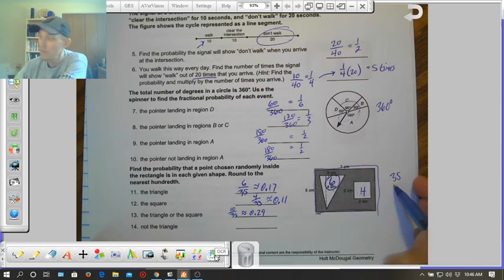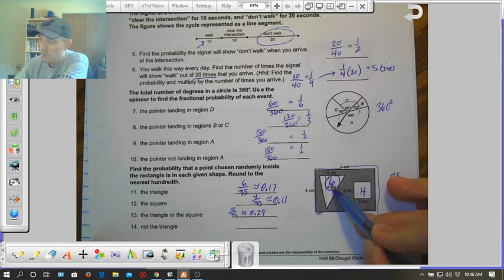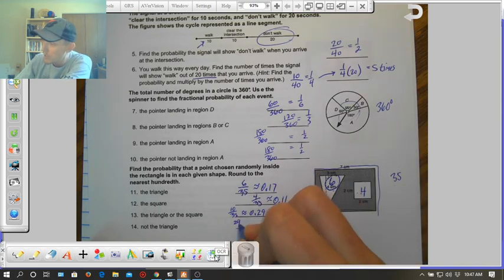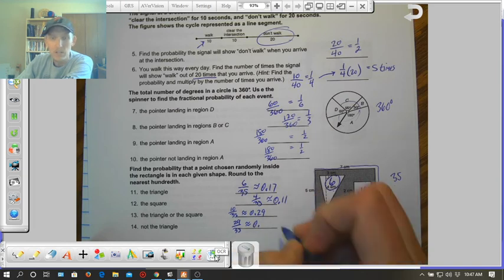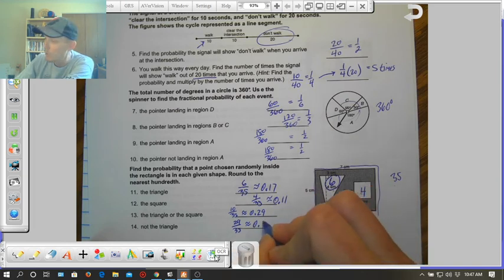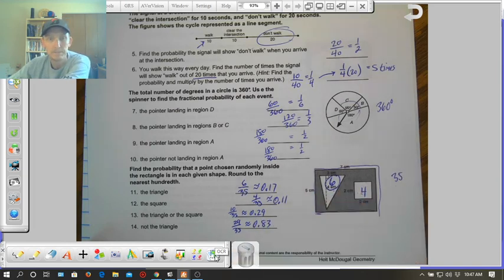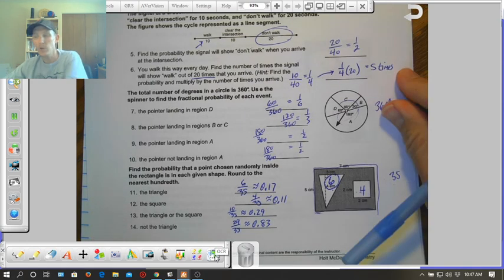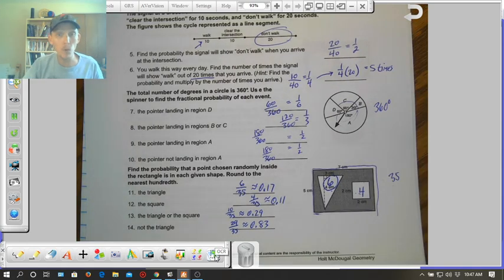So 35 take away the triangle leaves me with 29 over 35, which as a decimal rounds to 0.83. Again, let's recall that probability is what I want over what is possible. For each problem, I have to consider what it is that I'm looking for, and then what is the possible outcome in that sample.